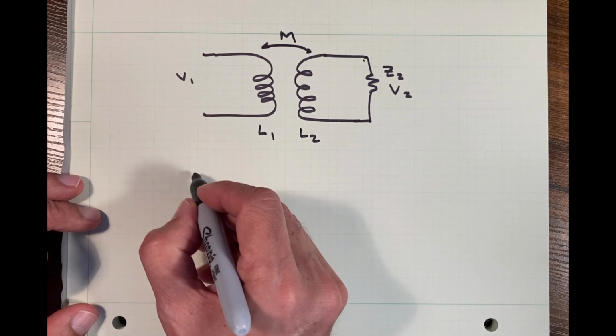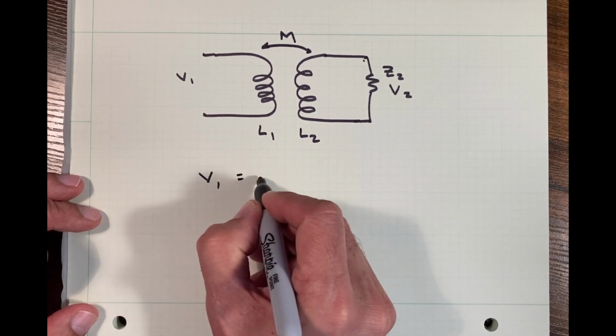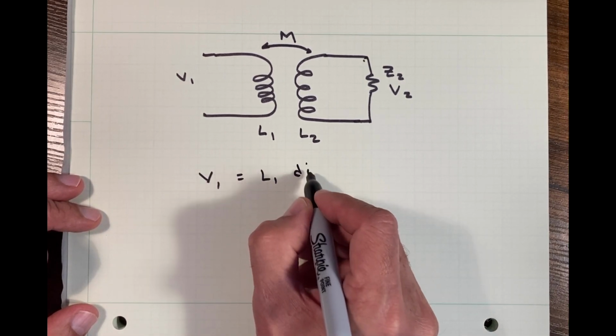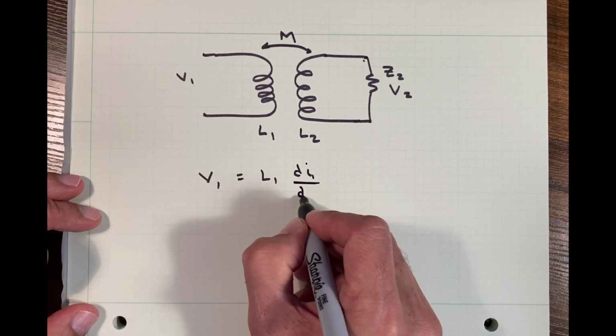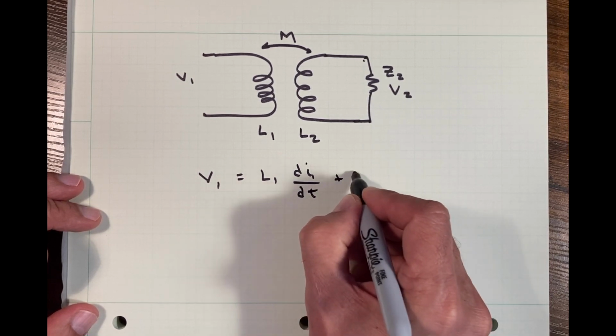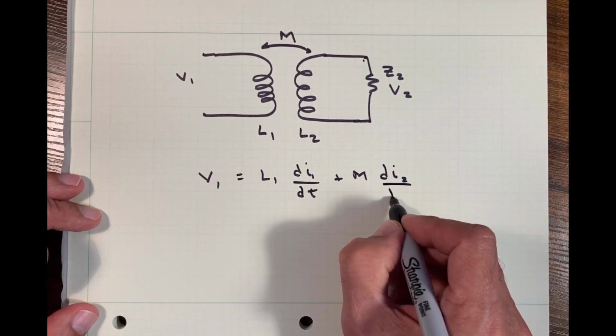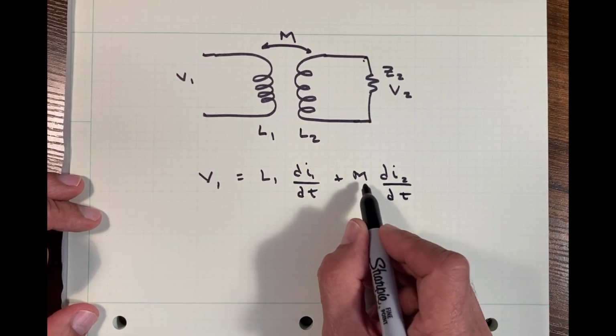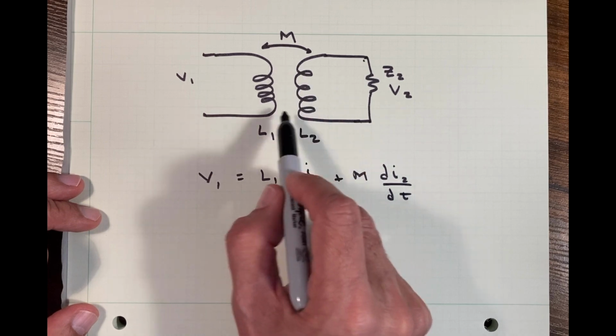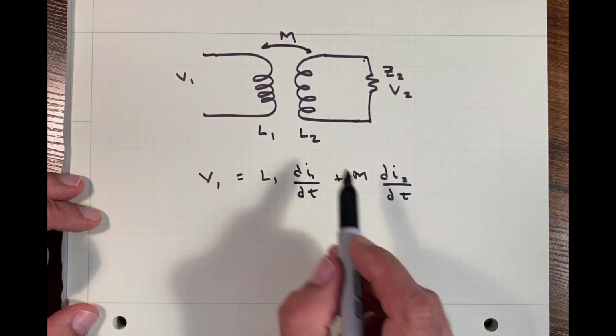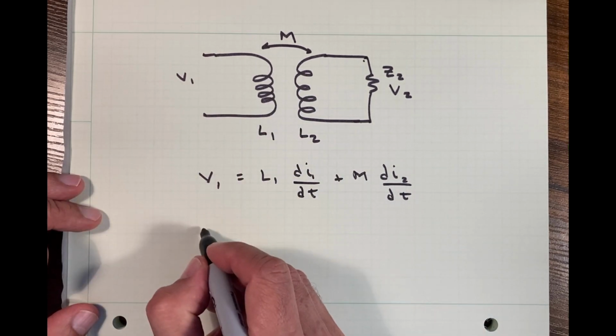So let's do our circuit analysis. We have V1 equals L1 dI1/dt plus M dI2/dt, where this term is because of the magnetic field that's created here and generates a reinforcing EMF.